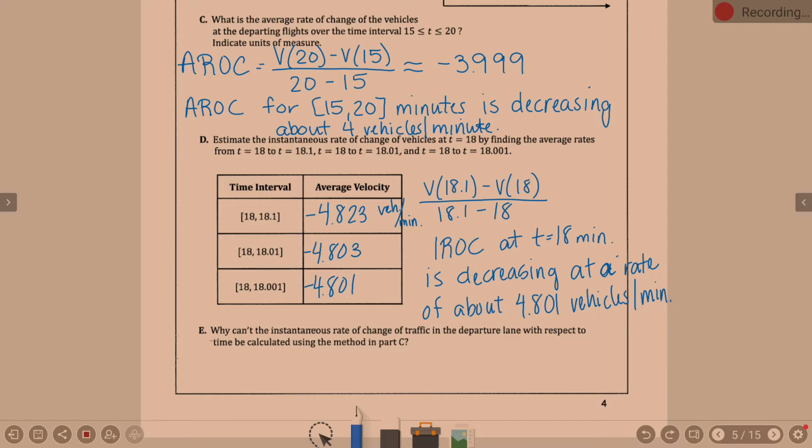We talked about this concept yesterday. It's the same thing we talked about earlier in the lesson. Why can't we just use this method we did in Part C? It's a specific moment, and if it's a specific moment, what would the setup be?